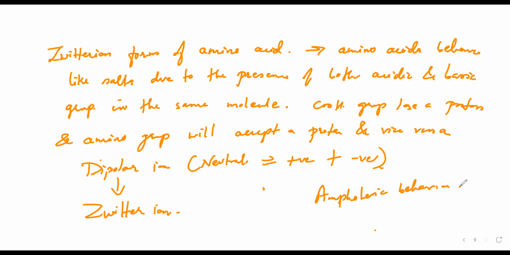Now the pH at which this dipolar ion is going to exist as a neutral ion. Because it's a neutral ion, neither will it go to the anode, nor will it go to the cathode. That particular point is called the isoelectric point. So what is the isoelectric point?